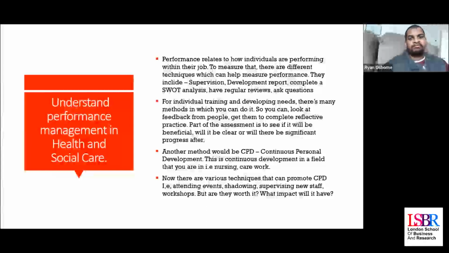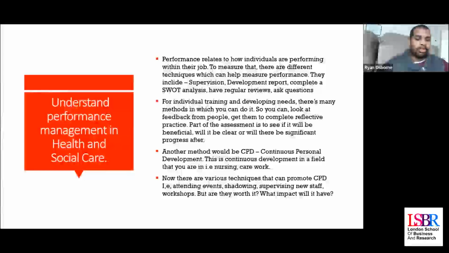Or someone from the company, but they work higher up, they're coming to look at what you do in your role. So performance, it all relates to how individuals perform within their job.